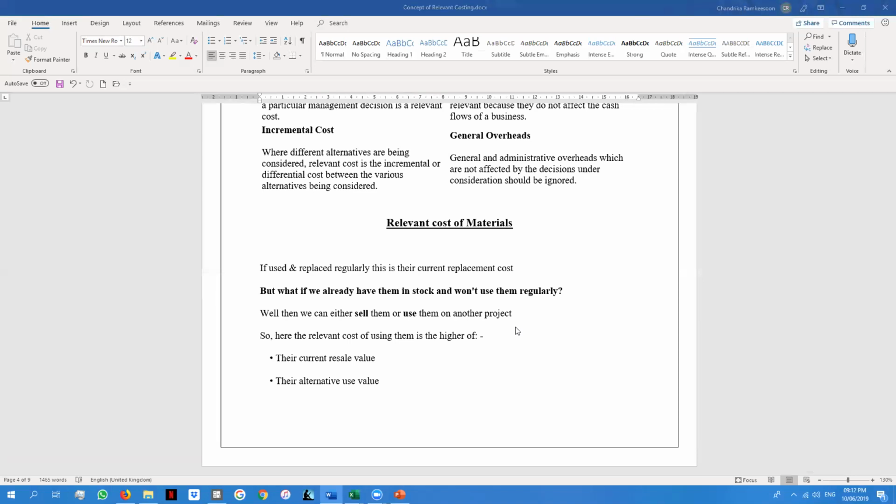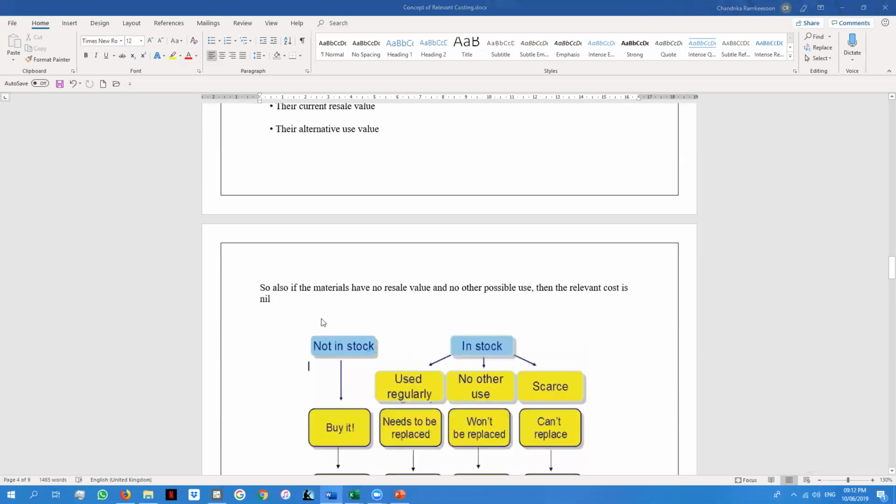Well then, we can either sell them or use them on another project. So here, the relevant cost of using them is the higher of their current resale value or the alternative use value. So also, if the materials have no resale value and no other possible use, the relevant cost is nil.